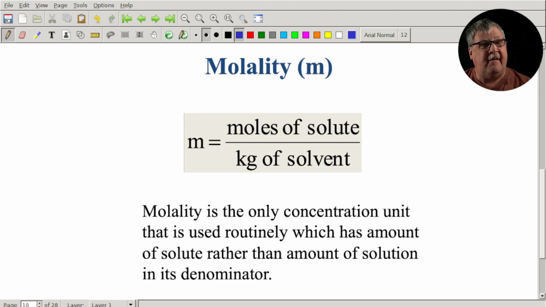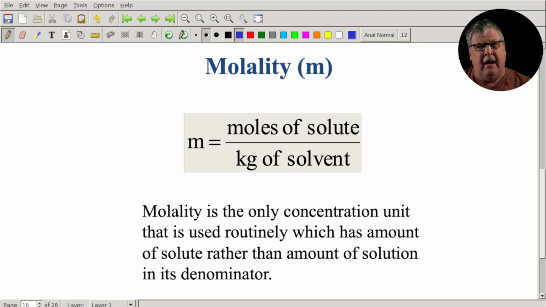Right? I would say the best thing you can do is not to worry so much about symbology, but look at context. As far as we're concerned, the most likely context you're going to see molality is in colligative properties. There are two colligative properties we're going to discuss in a little bit that are related directly to the molality of a solution.